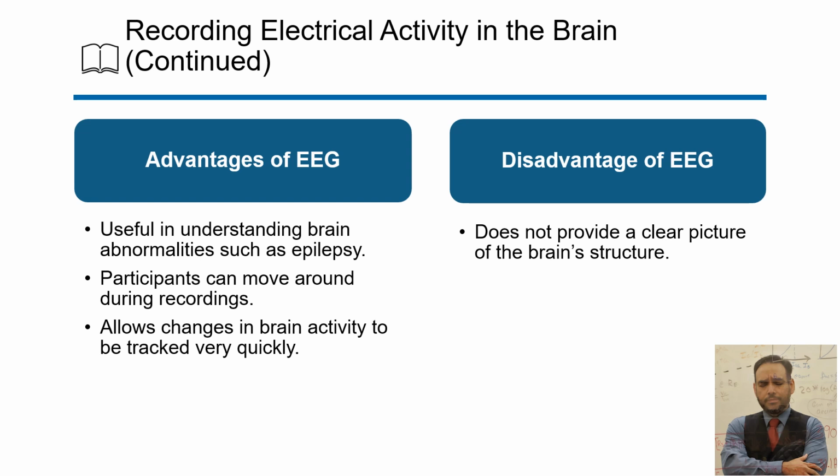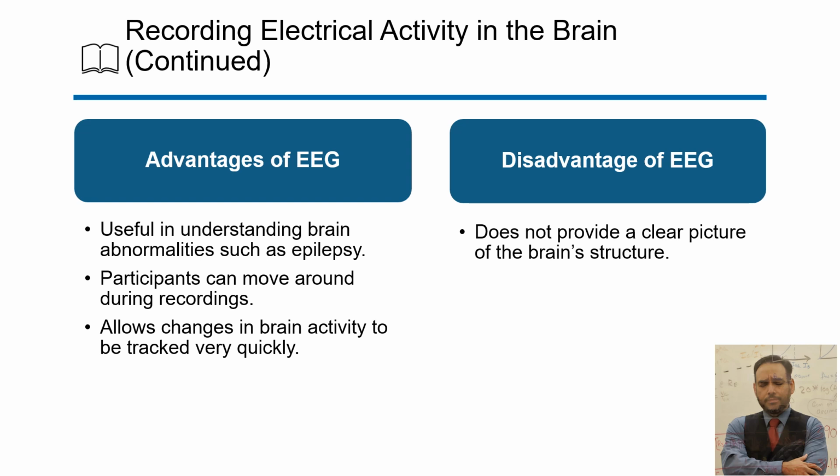Along with that, it's prone to artifacts from muscle contraction. If you're blinking your eye, or even if you move your hand, that generates artifacts on these sensors that are trying to capture only the frequencies being generated by the cortex.